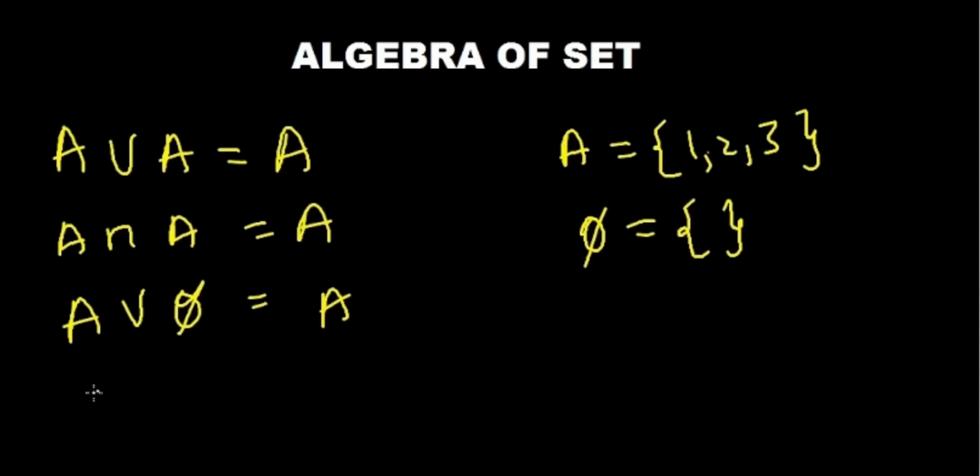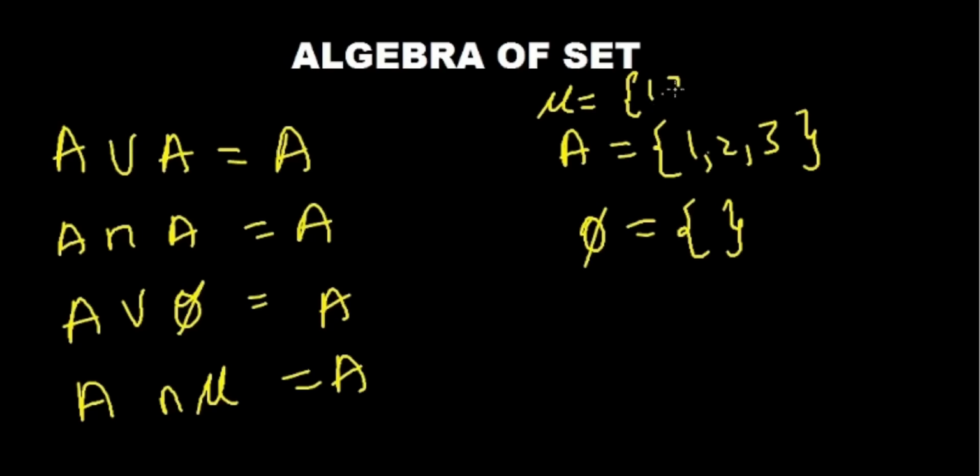If I have A intersection the universal set, I'll still get A, because if I have 1 to 3 as my A, and I have the universal set to be 1 to 5, if I match out the common terms, it will still be all the elements that are in A, right?